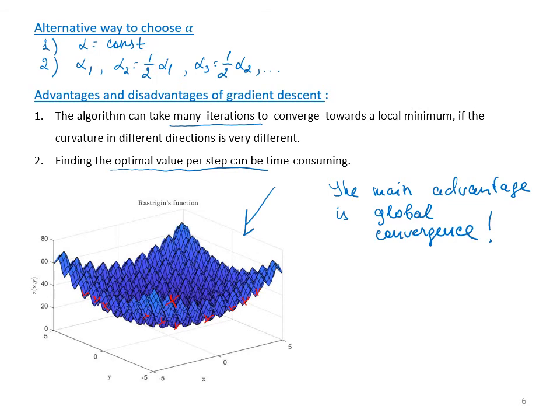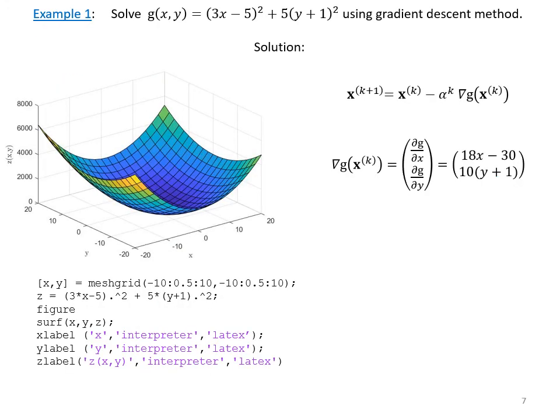Let's illustrate how this method works using example. Before I show you how the steepest gradient descent method works for system of nonlinear equations, let me remind you how this method works for single equation, let's say this one, and let's find solution using gradient descent method for this particular equation.